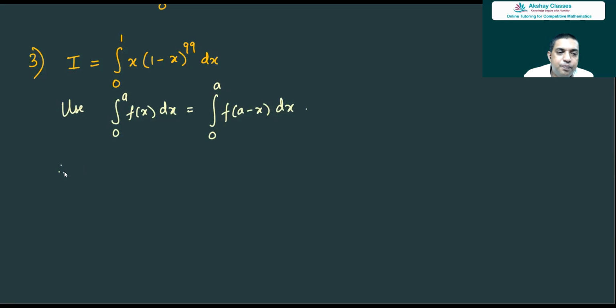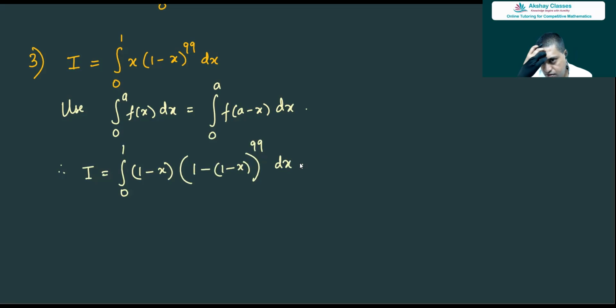So therefore, I will be integral 0 to 1, x becomes, replace x by a minus x. So a here is 1. So replace x by 1 minus x, a minus x. And here replace x by a minus x. All right.